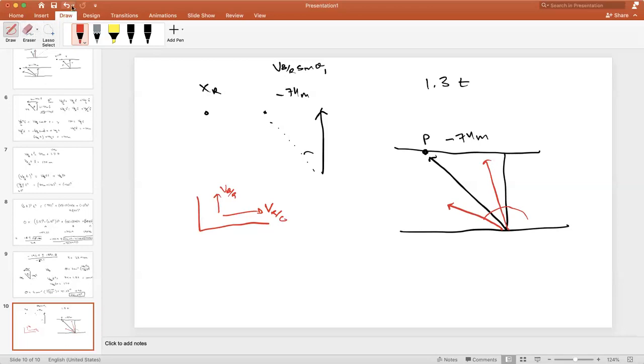A good way to see that is that in the river's frame of reference, we're going straight, and in the ground's frame of reference, the river itself is moving downstream in the positive X. So we need to account for this. We need to move in some way that cancels this with the X part of our motion while still continuing across. So yeah, it's a bit of a pain.